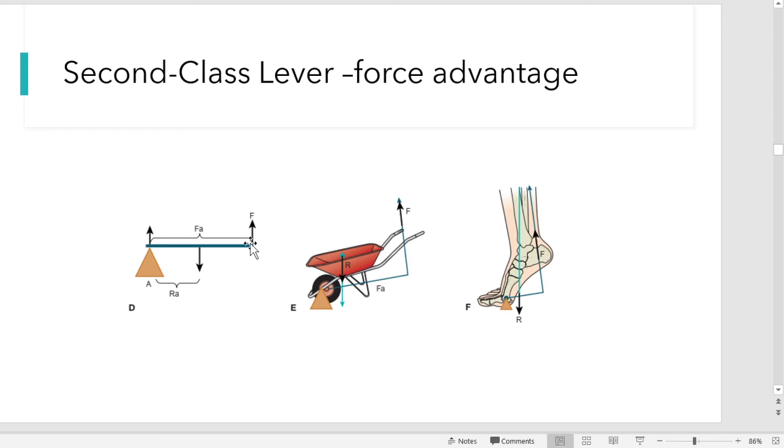So we must remember that the resistance is in the middle. That's our key there. So the fulcrum is on one end, and the effort or the force is applied on the other end of the fulcrum. Therefore, with this kind of lever system, you can carry the greatest amount of load with less amount of force.